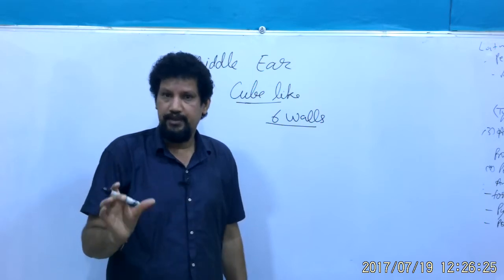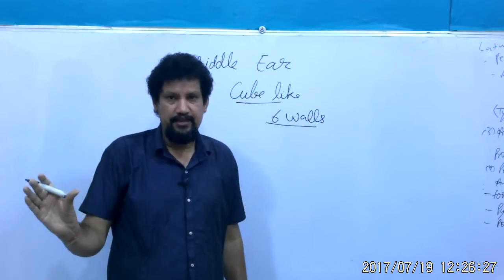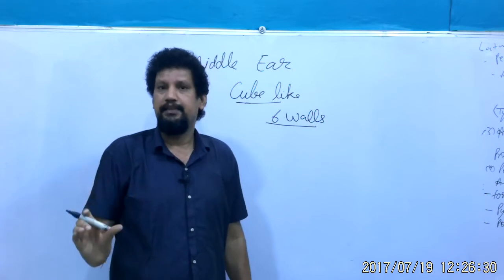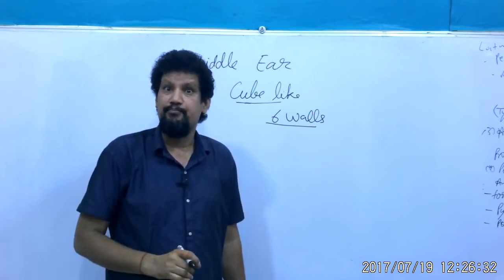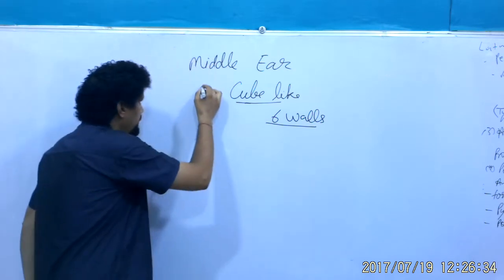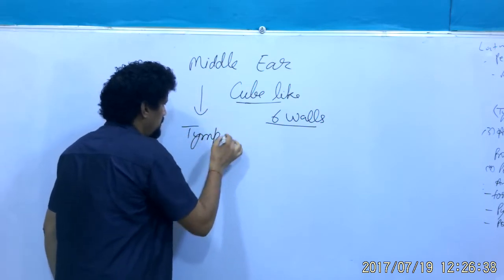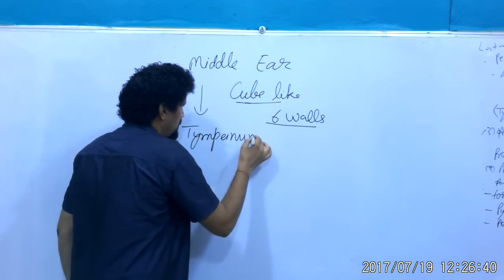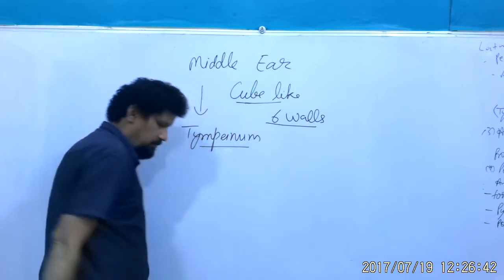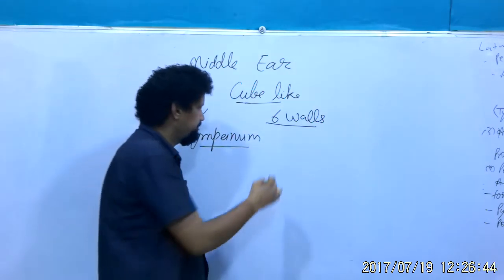So part of the ear between the external acoustic meatus and the inner ear is the middle ear, also known as tympanum, or the tympanic cavity.